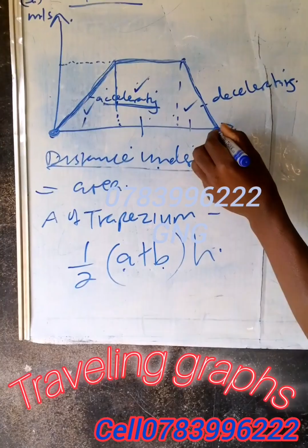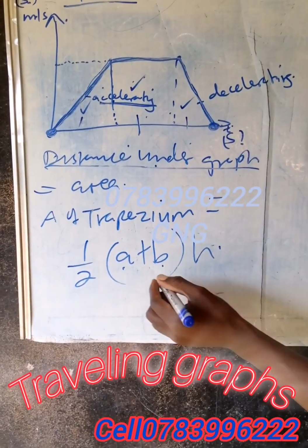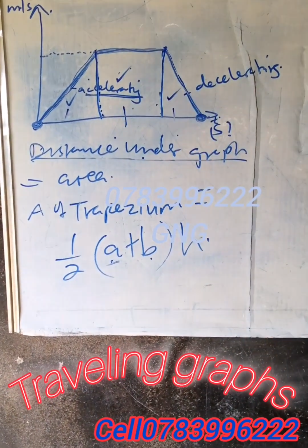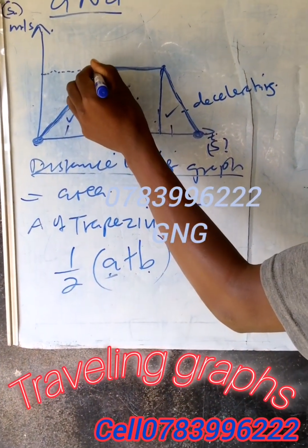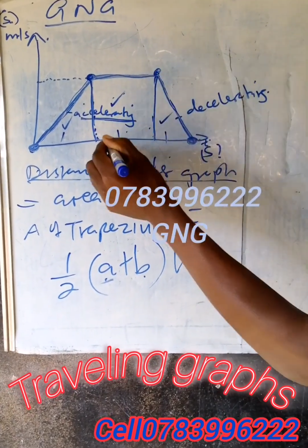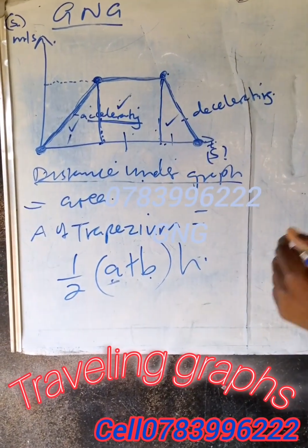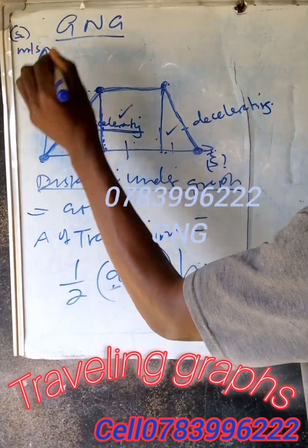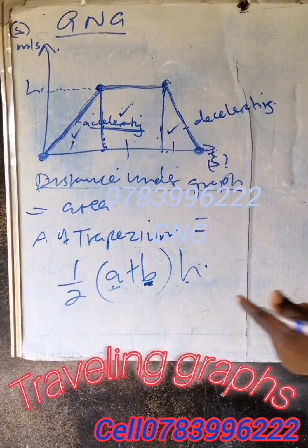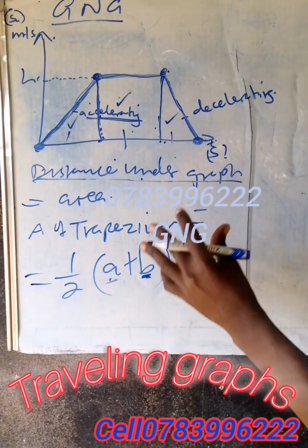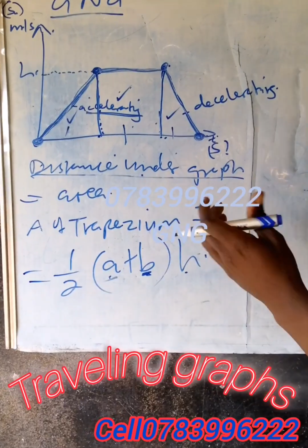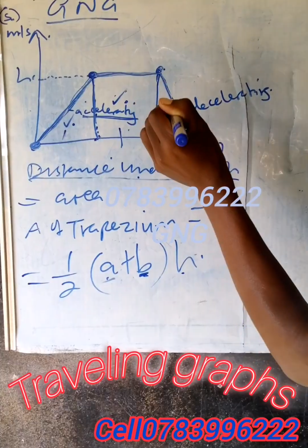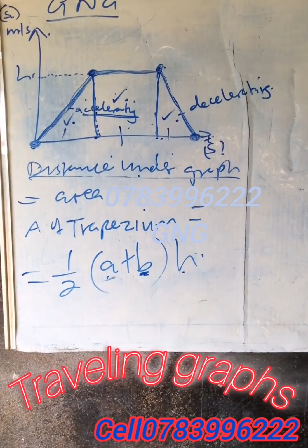From here to here, I may take this side as my a, then this distance from here to here, the other of the two parallel lines, I may call my b, and h is the value which will be here, right? So this will be my h. It is the same, finding the distance using the area of a trapezium or doing this area plus this area plus this area. This is what we can do.